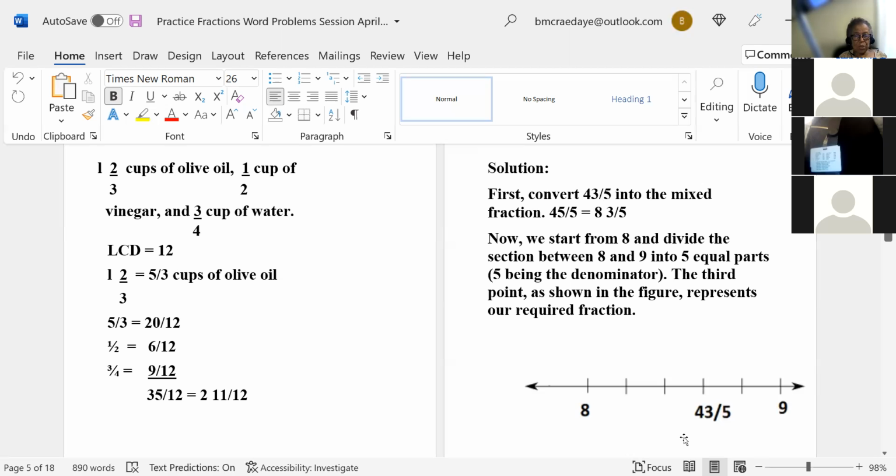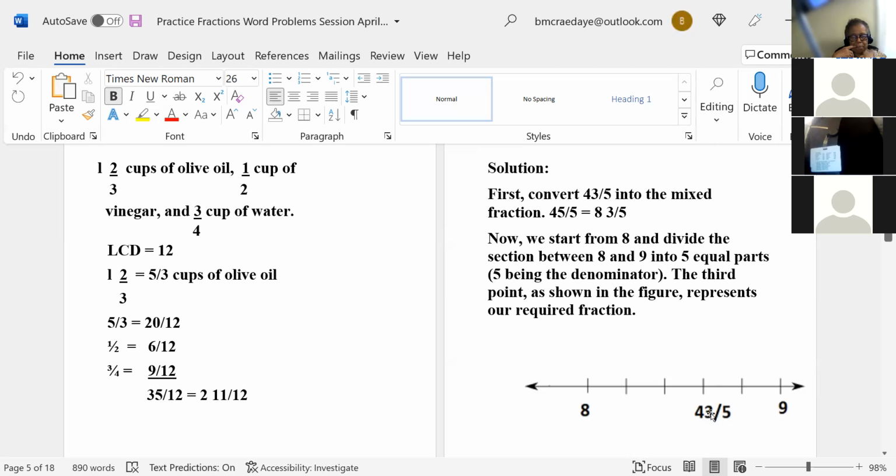So we divide the space between 8 and 9 into fifths. 1/5, 2/5, 3/5, 4/5, and 5/5, there's the whole. So the 43/5, which was 8 and 3/5, we started at 8. That's 1/5, 2/5, 3/5. So there's the 43 over 5 on the number line.